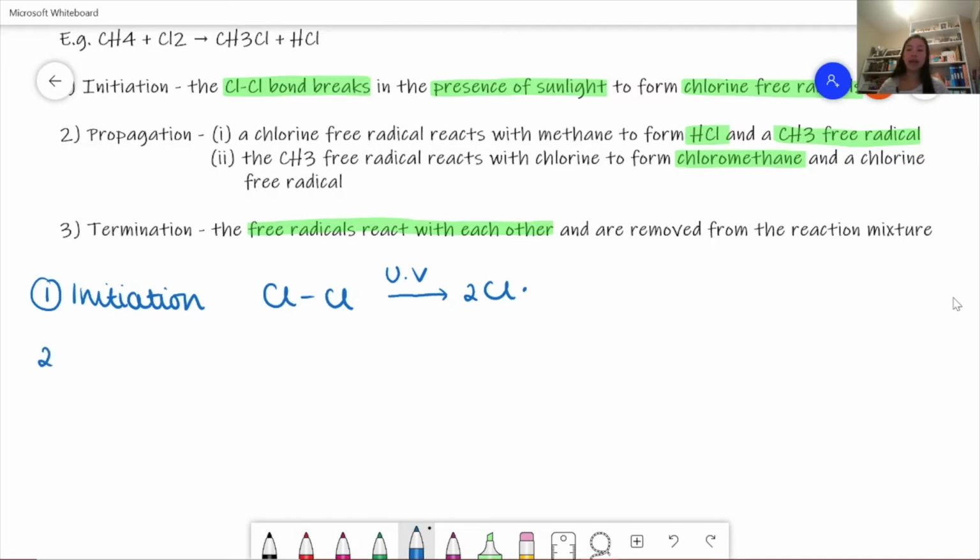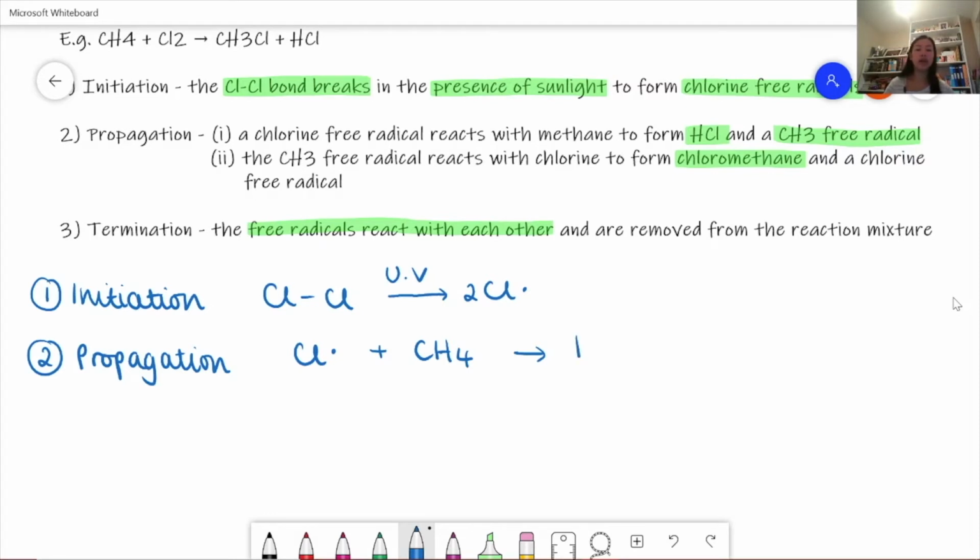And so the second step is propagation. And what happens first in the first step is that a chlorine free radical will react with the methane that we have, and the free radical will take away one of the hydrogens from the methane.